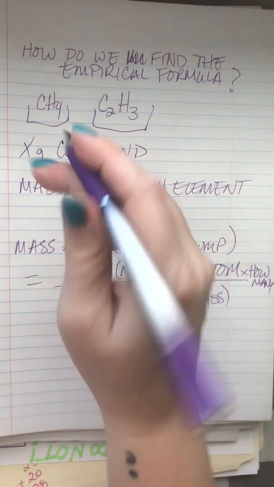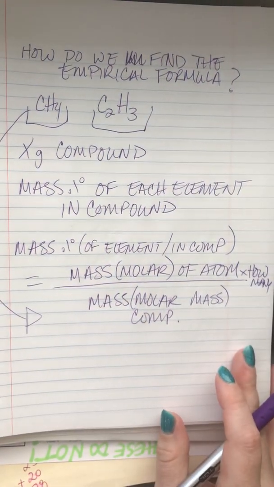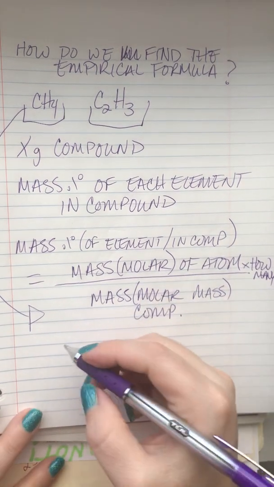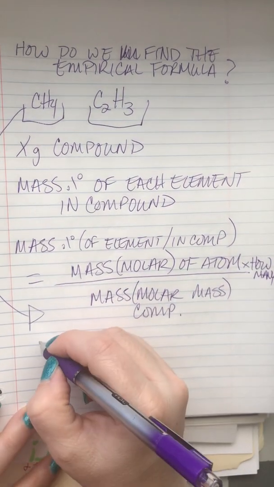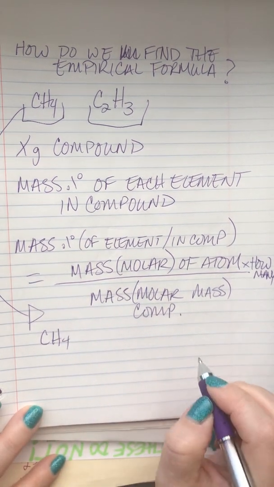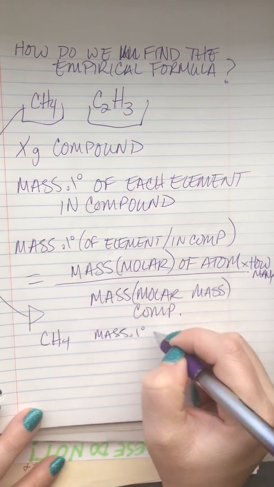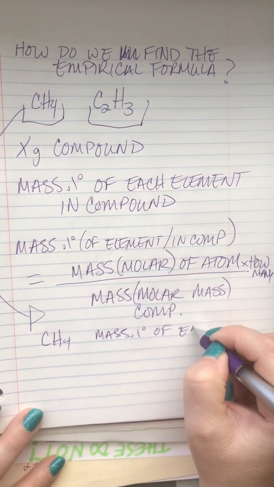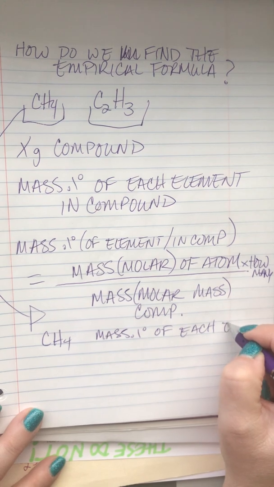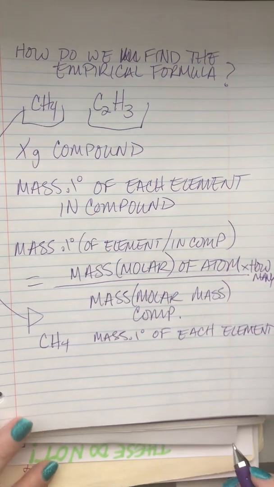So let's look at methane for our example. So we have carbon and 4 hydrogens. We want to find the mass percent of each element, right?